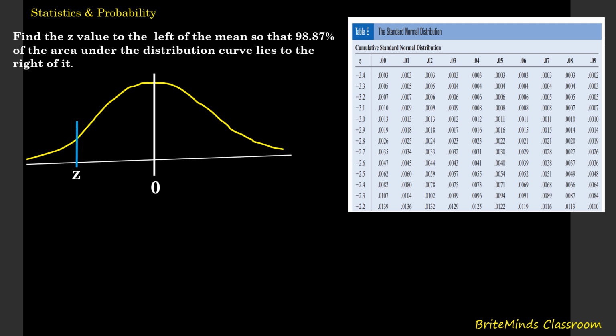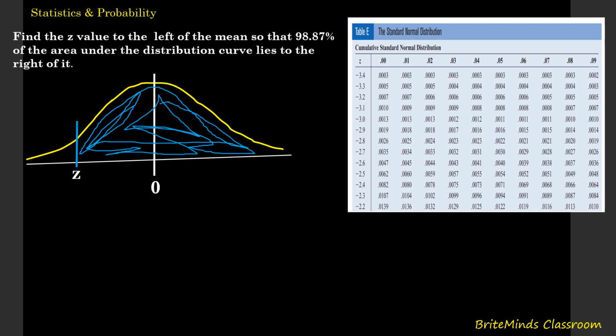We're going to shade the area to the right of the z value. So this is our area, equal to 98.87%.